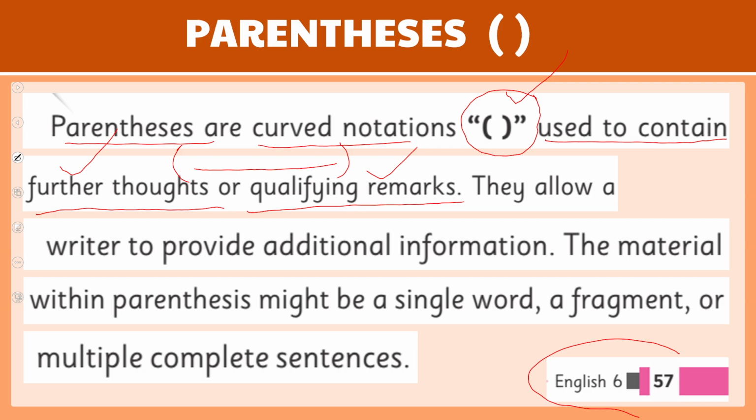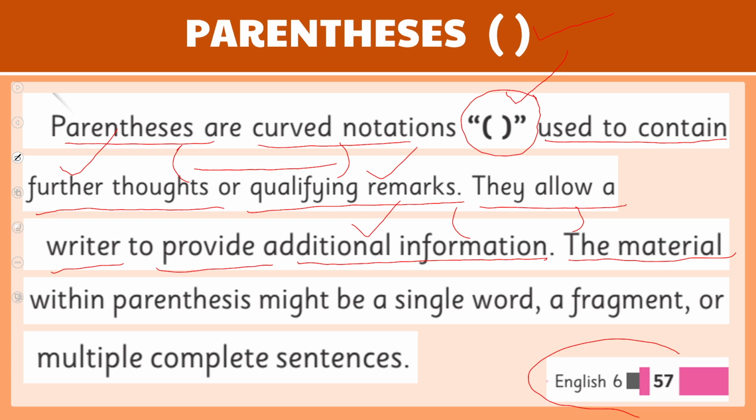So what do the parentheses allow? They allow a writer to provide additional information. As I mentioned, it is a chair, and within the brackets what is written? A wooden chair. So a wooden chair is additional information which the writer wants to give us, and he used these small brackets, or this parenthesis, to give the information.